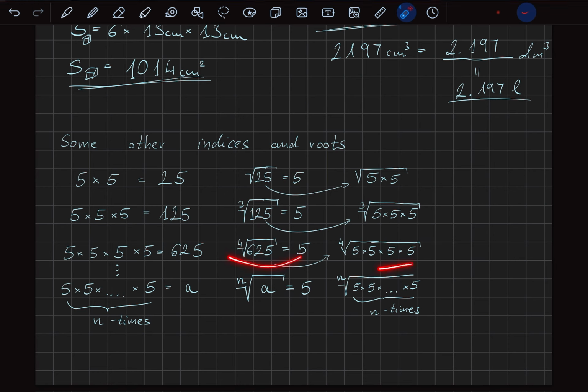And you can see, as many times as I multiply the number under the root, and I take the fourth root of 625, it will be 5, because I can write 625 as 5 times 5 times 5 times 5. And here the a is this number, so 5 times 5 times 5 and so on, a equals this product, so it will be 5, because I multiply the 5 n times and I take the nth root of a.